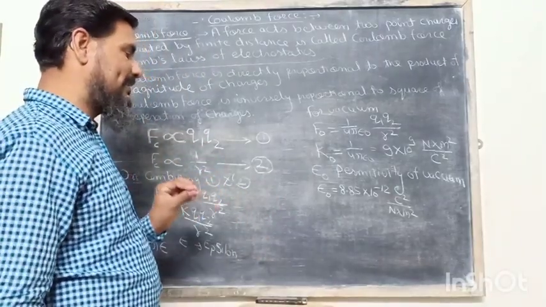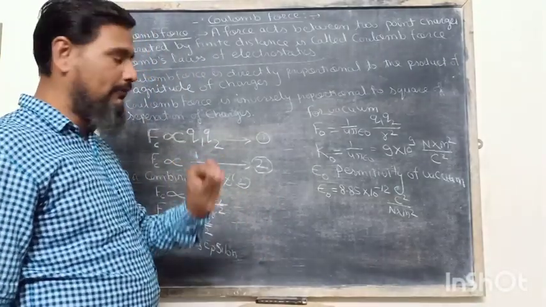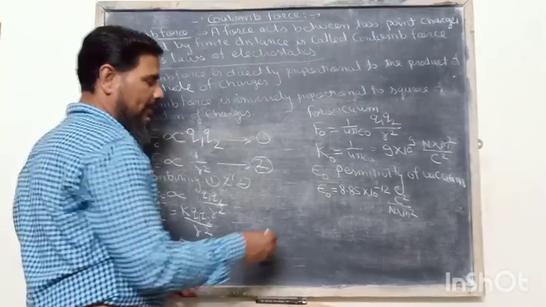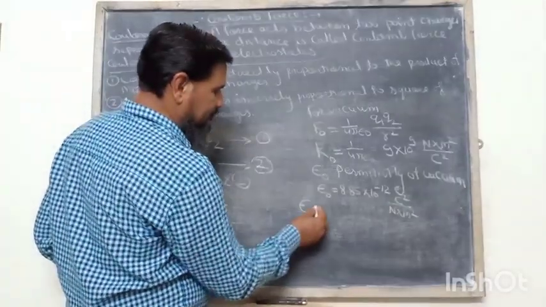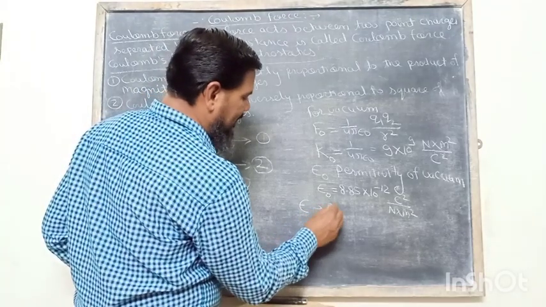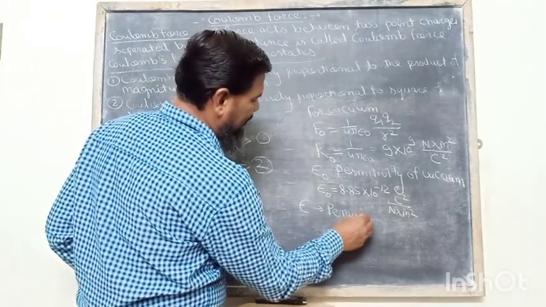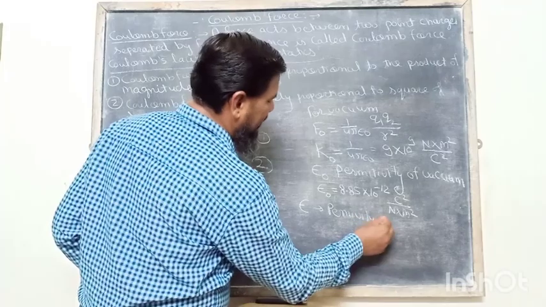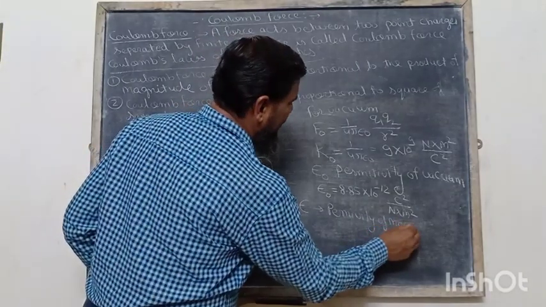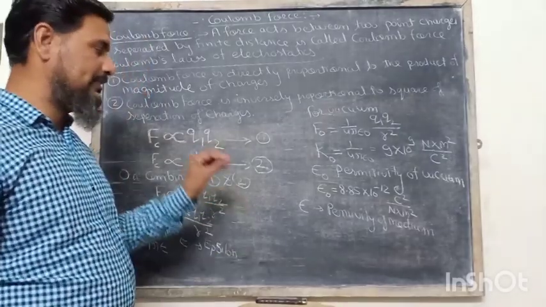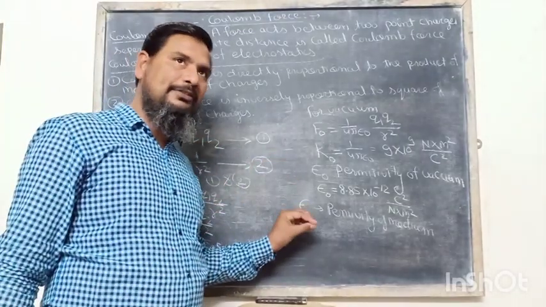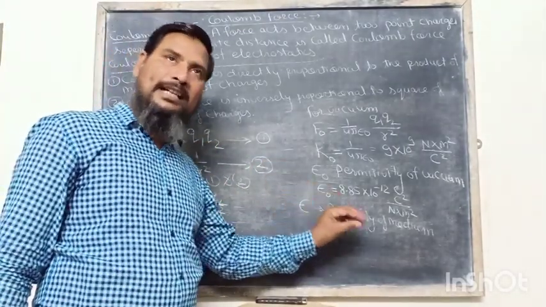Permittivity is the dependence of Coulomb force on the medium. So epsilon is the permittivity of the medium, and we cannot determine the permittivity of a medium directly.